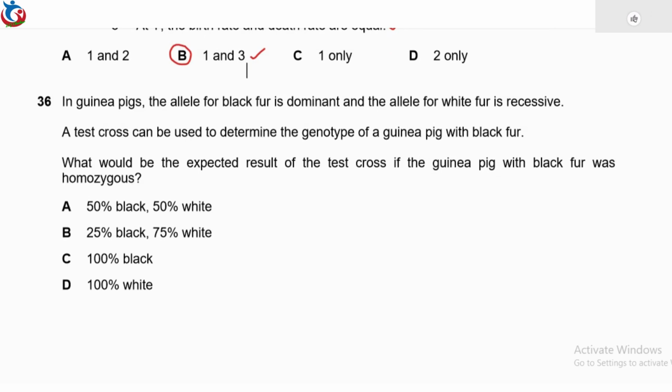Question 36 says, in guinea pigs, the allele for black fur is dominant and allele for white fur is recessive. A test cross can be used to determine the genotype of a guinea pig with black fur. What would be the expected result of the test cross if the guinea pig with black fur was homozygous?